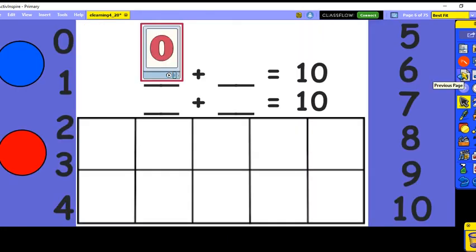Now, let's think of some add-ins to make 10. Let's look at it, use our tens frame, and we'll get a random number. Let's see what number we get. Ooh, 7. Okay, so 7, we'll start with 7.